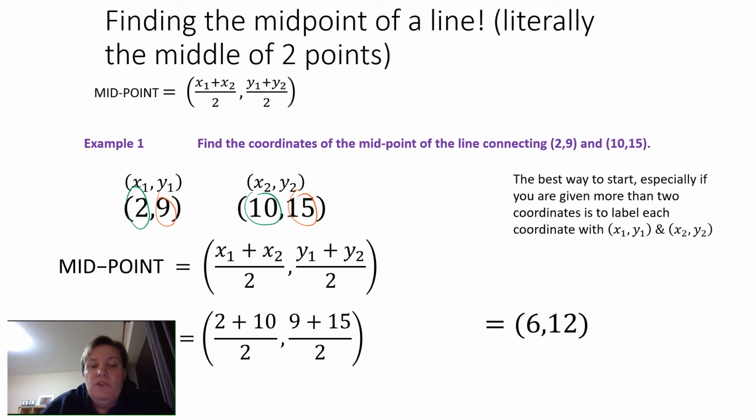And that is, if you do this, 2 and 10 is 12 divided by 2, 6. 9 and 15 is 24, divided by 2 is 12. Now, if you don't do this properly, you're going to end up with probably 7 here and probably about 16 and a half here if you do it wrong on your calculator. So just make sure you press equals, or you can do it in your head and go 2 and 10 is 12 divided by 2.